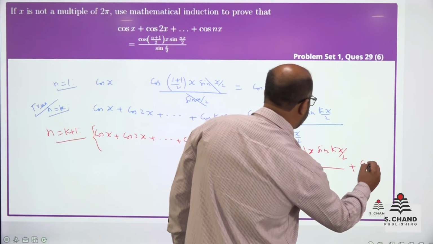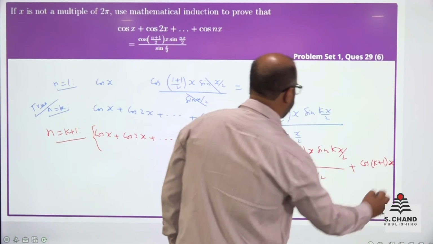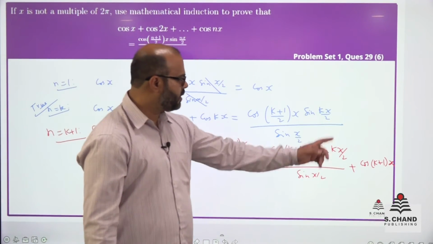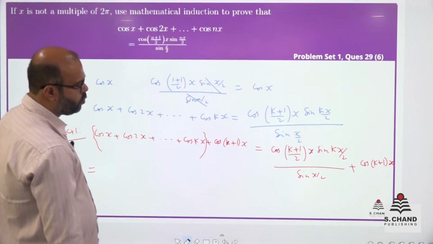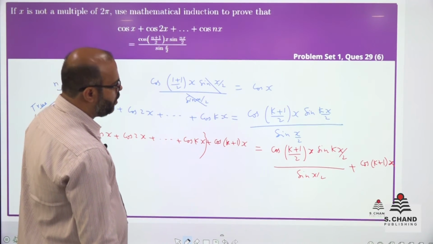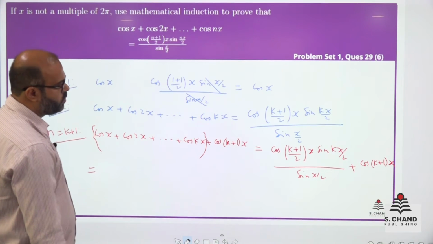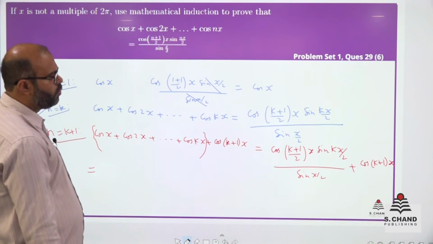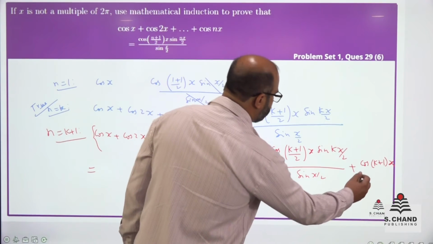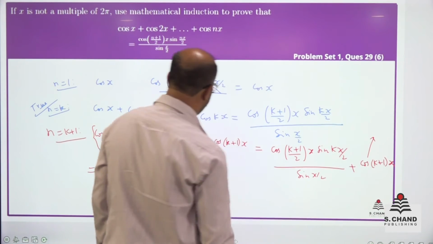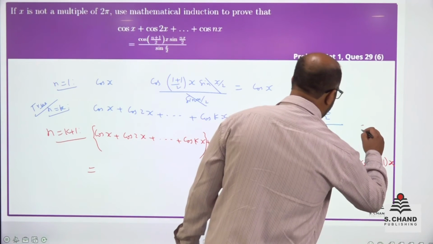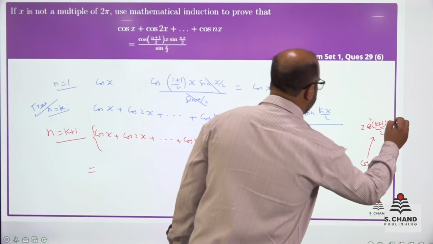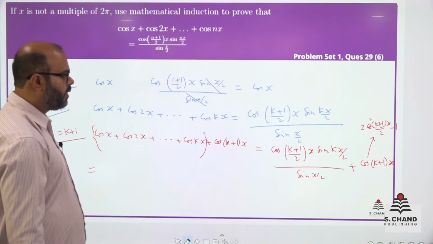plus cos (k plus 1)x. Now, let us take LCM. One thing we can do, we can write this cos (k plus 1)x as 2 cos square of ((k plus 1)x by 2) minus 1. This is how we can write it.